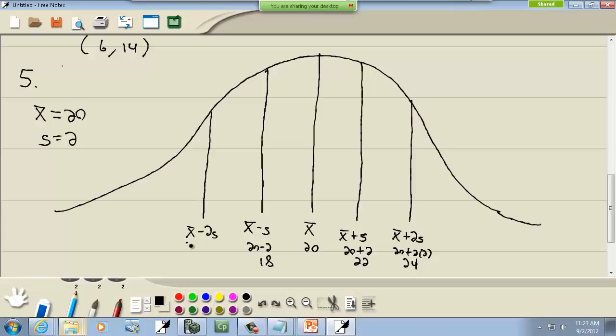This would be 20 minus 2 times 2, or 16. Now once you see a pattern, these are very easy. See how it goes from 20 to 22 to 24. So this next one, which is our x bar plus 3s, I don't even have to plug numbers in, I know it's going to be 26. And this one out here, that's x bar minus 3s, 18, 20, 16, 14.